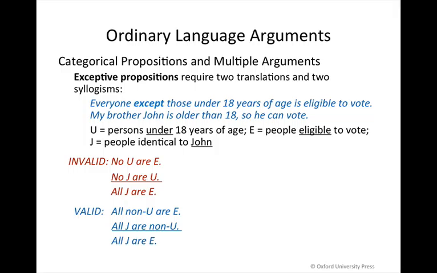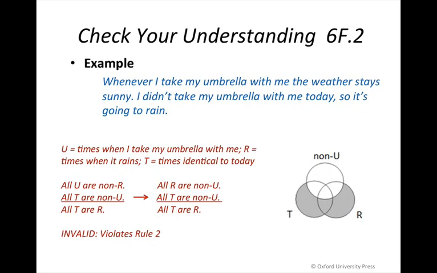So let's take a look at another example so that you can see what it is that I'm talking about in action. Whenever I take my umbrella with me, the weather stays sunny. I didn't take my umbrella with me today, so it's going to rain.